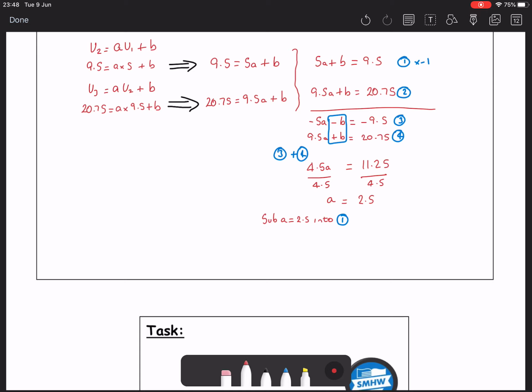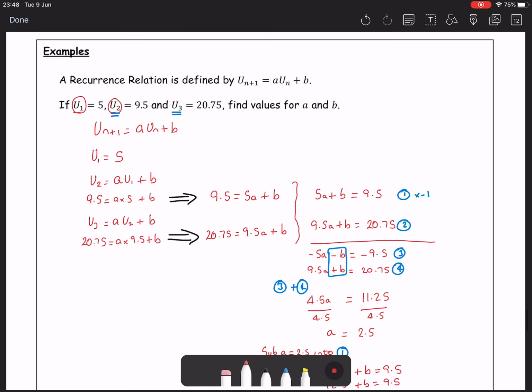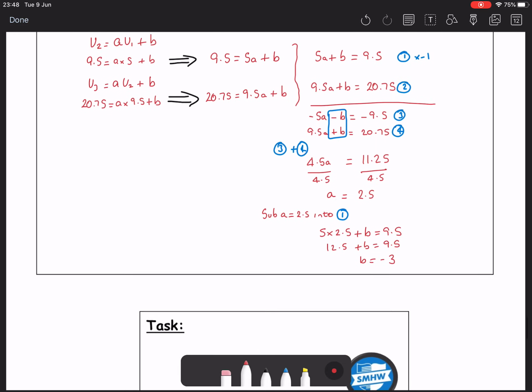So 5 times 2.5 plus b is equal to 9.5. 12.5 plus b is equal to 9.5. Take away 12.5 from both sides, I get a b value of -3. So that's the a value found and the b value found. The question is, find the values of a and b, and we've got it.